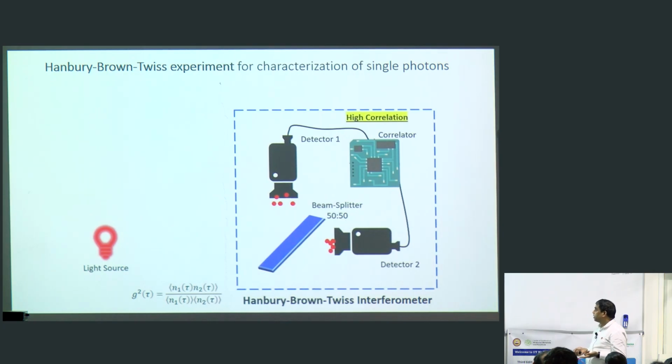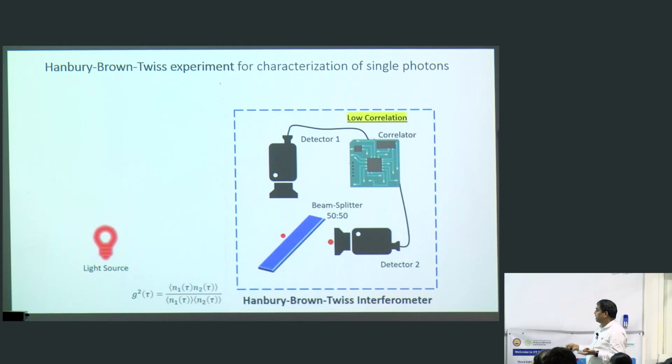So on that case, if we have a single photon coming, either it will go this way or this way. So with this correlator, what you will see is that it is coming either in this direction or this direction. This is basically anti-correlation, and this is anti-bunching, and that gives you the anti-bunching value.